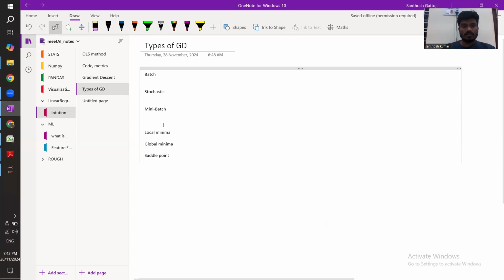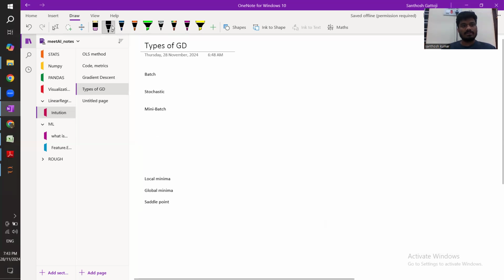The three of them are very easy to understand because there is only one thing that is different. Each of them has its own advantages and disadvantages, and we are going to see that.